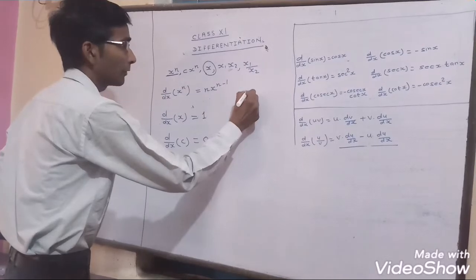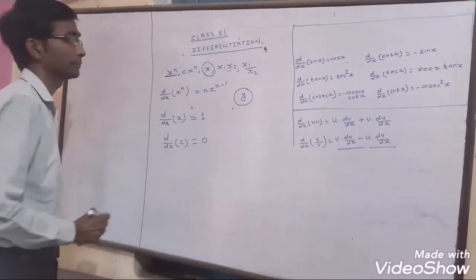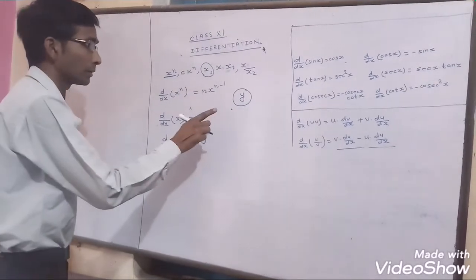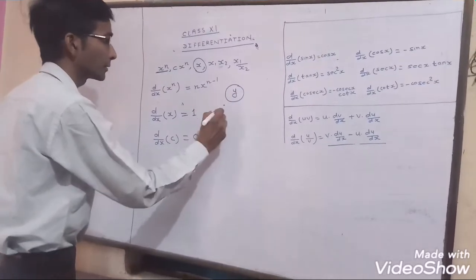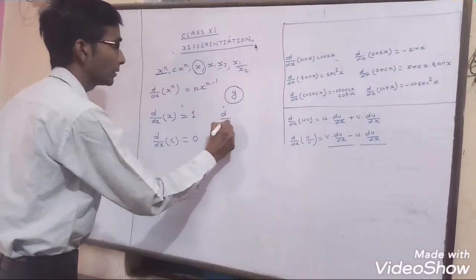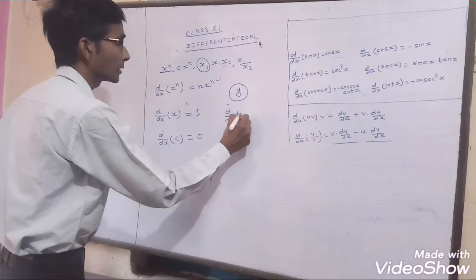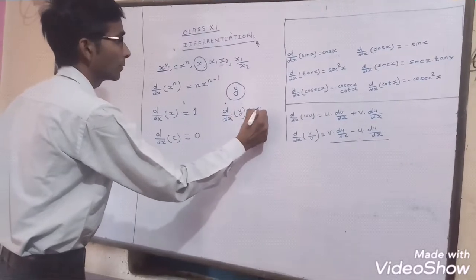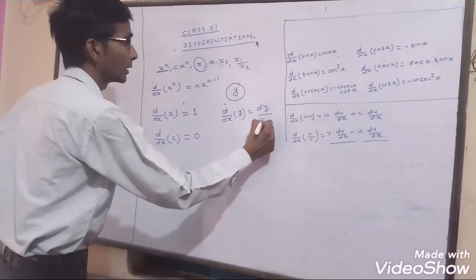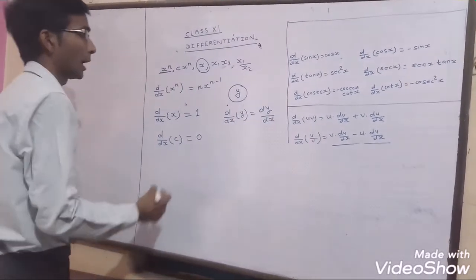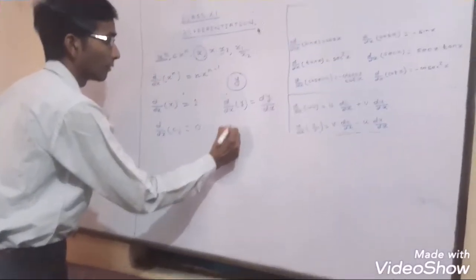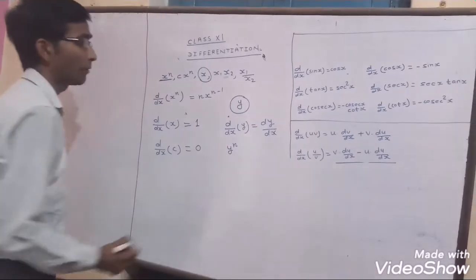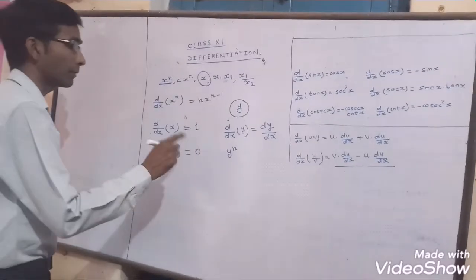Now you have to differentiate y, but this time in respect of x, then we can write d by dx and y, and this will become dy by dx. And what would be the differentiation of y to the power n in respect of x?